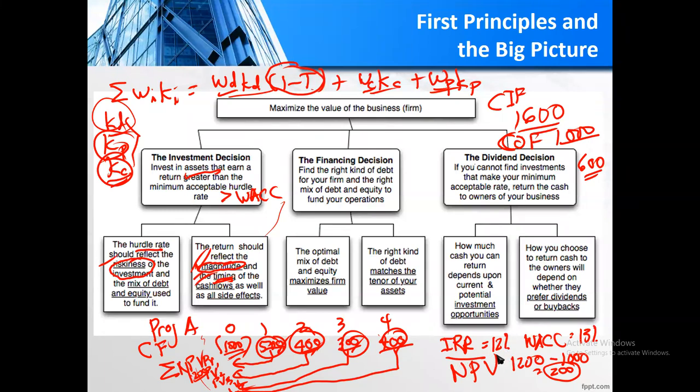We make certain assumptions in computing for the IRR, which may not be that realistic. So in terms of theoretical soundness, NPV is the more theoretically sound way to compute the return of the project. So when there's a conflict between IRR and NPV, always follow NPV, the net present value.